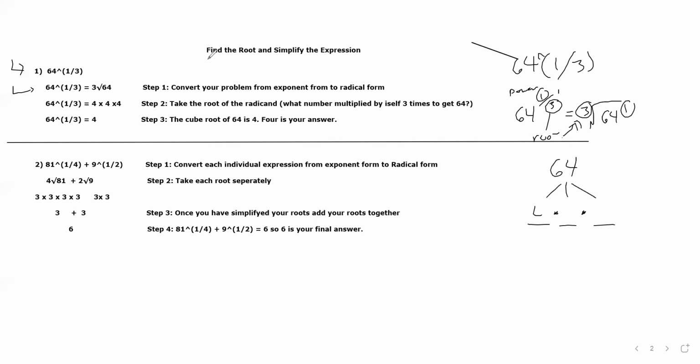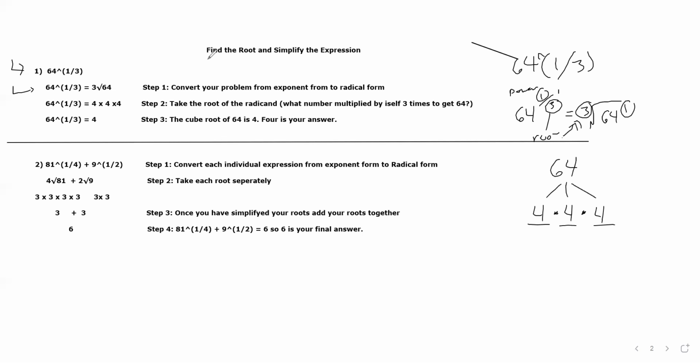Now, in this case, it happens to be 4. If you're ever wondering what's the fastest way to figure out these numbers, practice is honestly the fastest way. You could always start low. Once you start practicing your perfect roots and perfect exponents, you'll see that there's a pattern, and you'll know which ones are going to be useful and which ones are not.